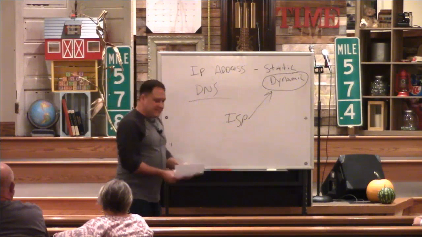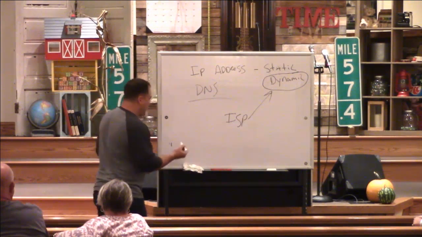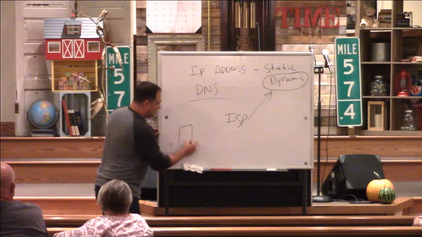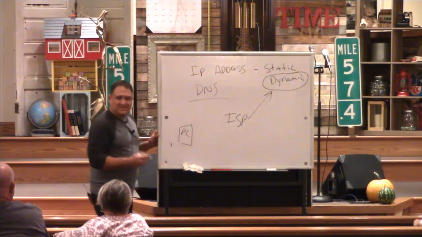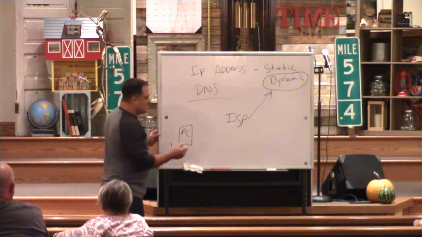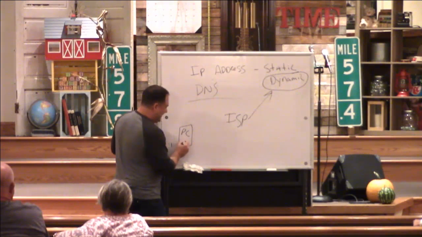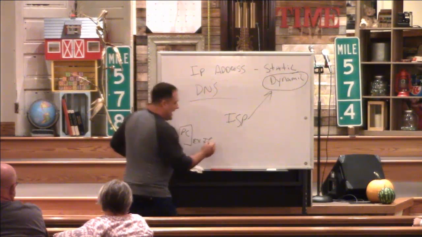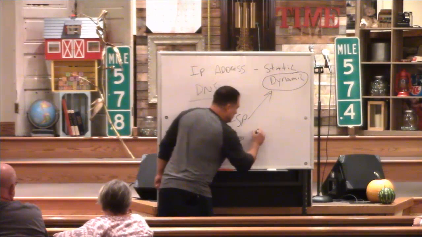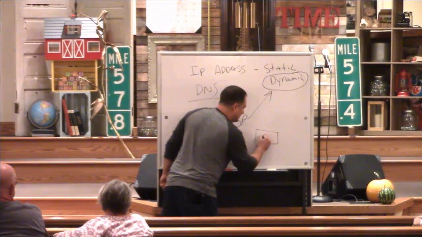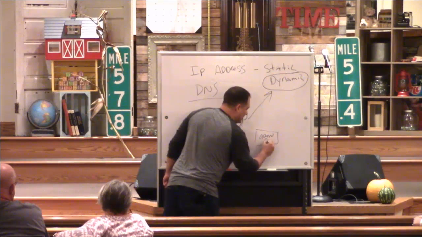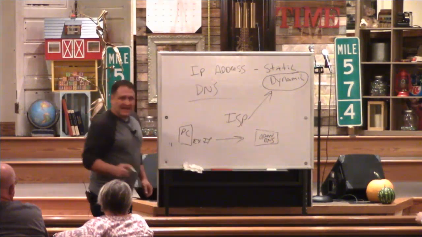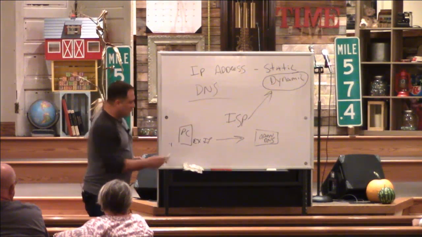So what we have to have is a small piece of software that runs on our PC. Okay? That gets our external IP address and updates it to OpenDNS. That's free. It runs on your PC.